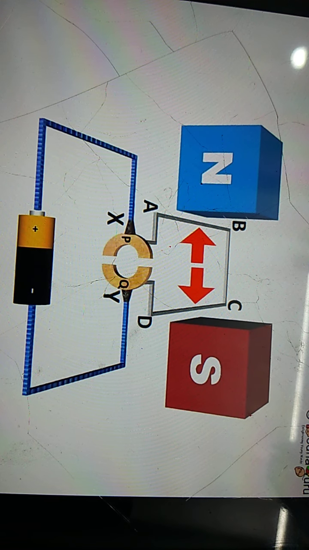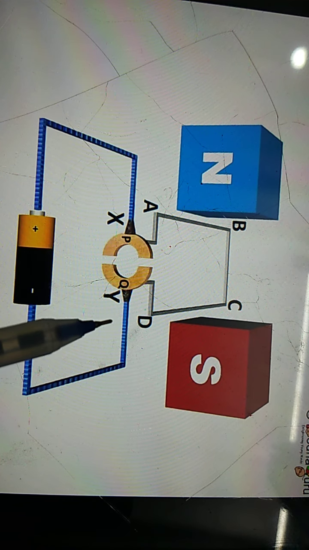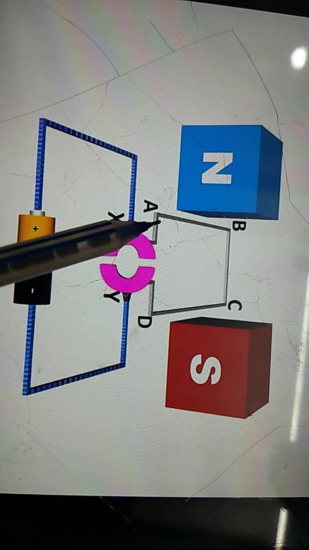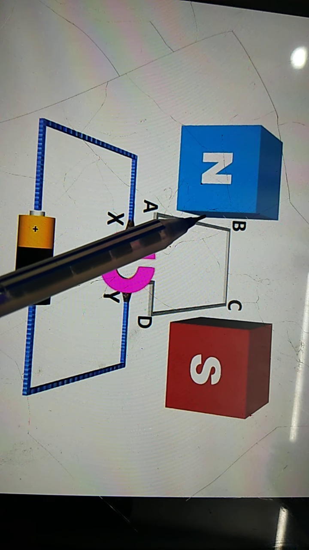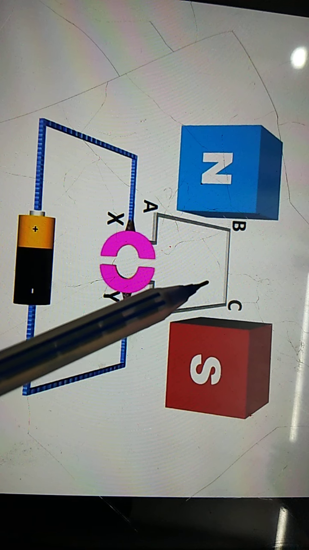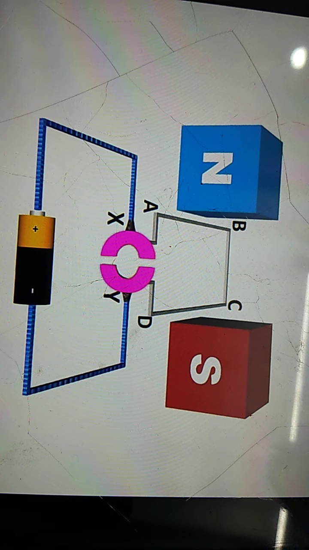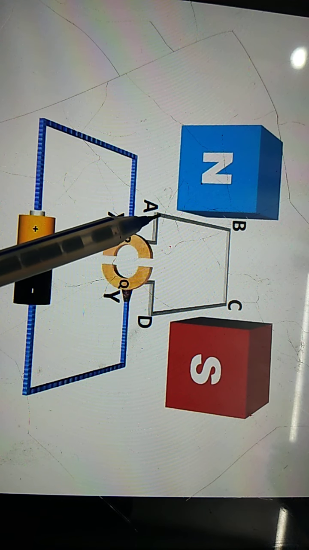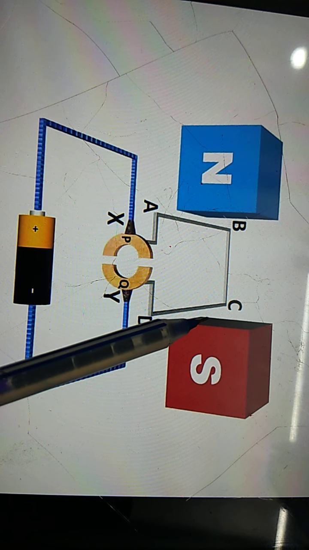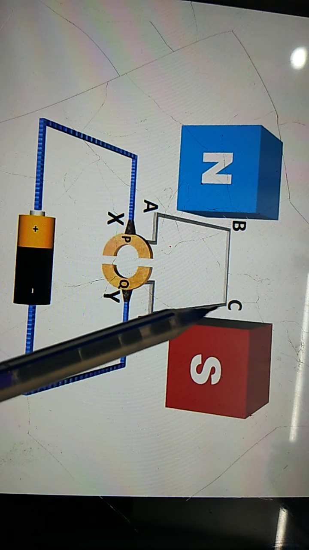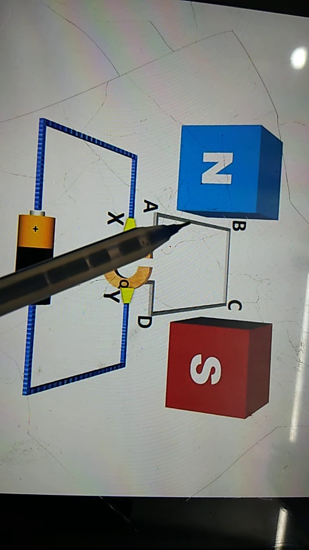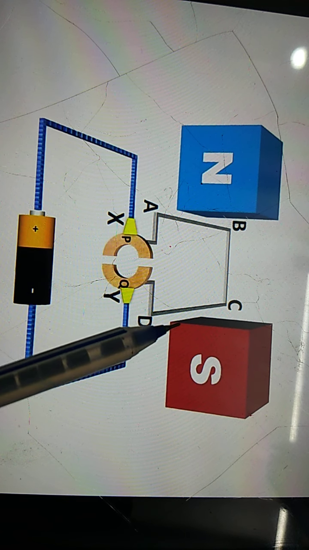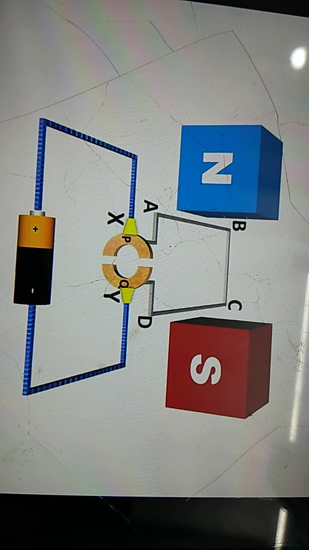I can see that this is the direction of current, and my index finger will give the direction of magnetic field, and my thumb is directed downward. So the AB end will come down, and similarly the CD end will come up if you apply Fleming's left hand rule. So if the AB end comes down and the CD end goes up, it will move in an anti-clockwise direction.